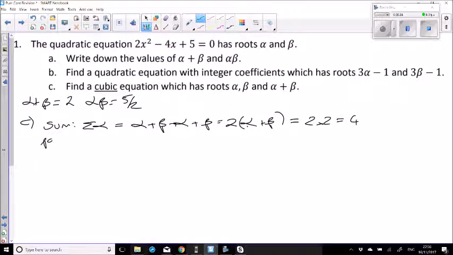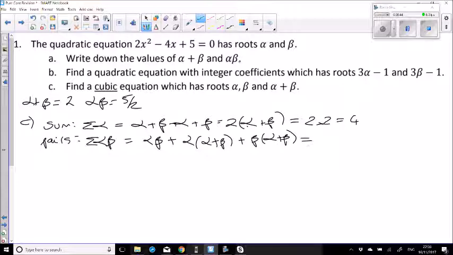Then we want our sum in pairs. So that's going to be alpha times beta plus alpha times alpha plus beta plus beta times alpha plus beta. So let's do this on the line below. We've got alpha beta, we already know what that is.